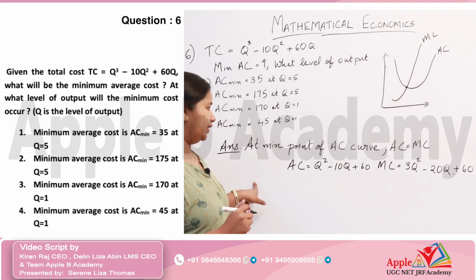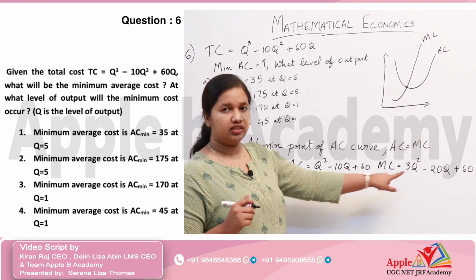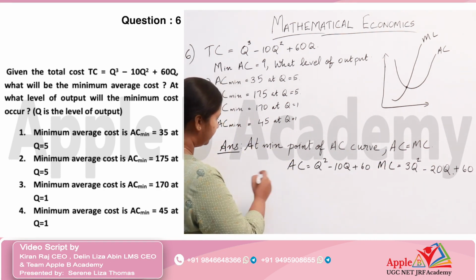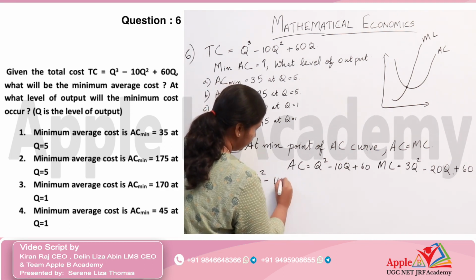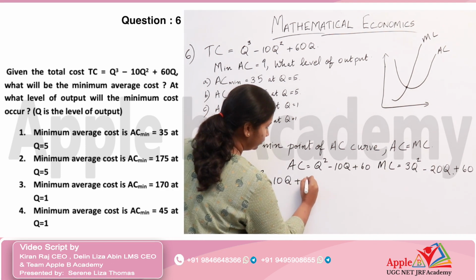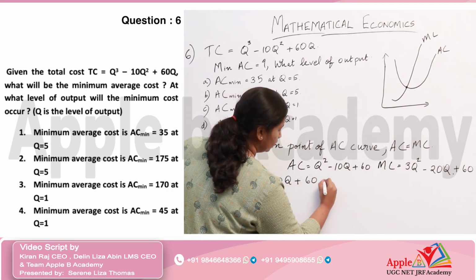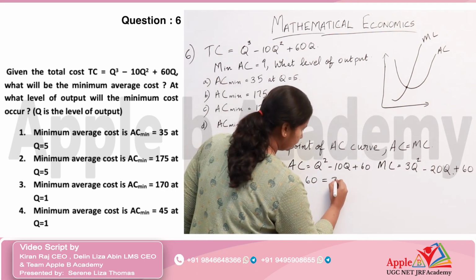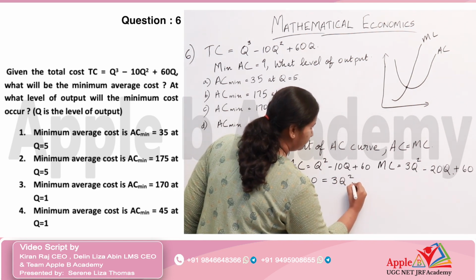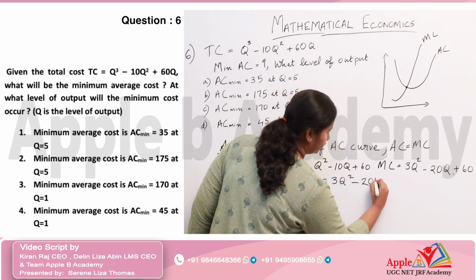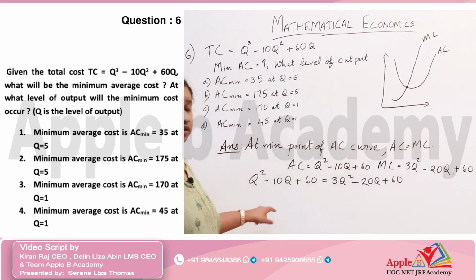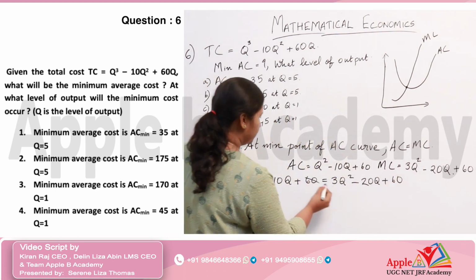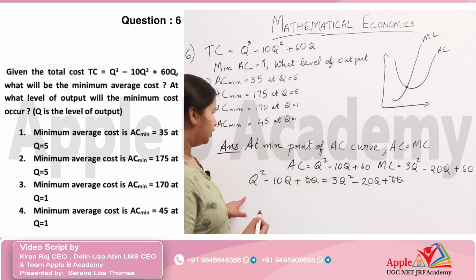When AC equals MC, equating these two equations, we get q square minus 10q plus 60 is equal to 3q square minus 20q plus 60.